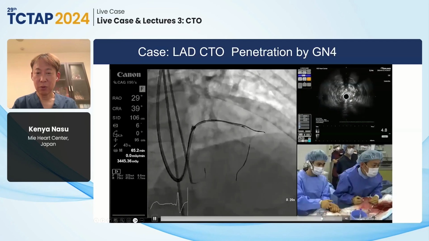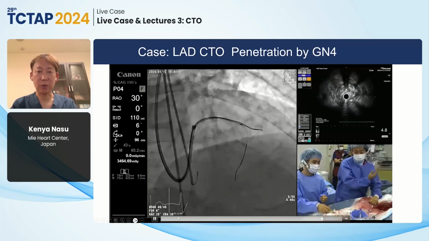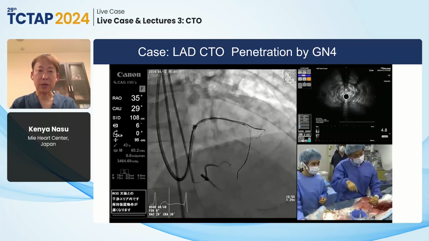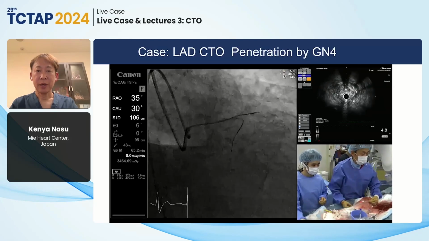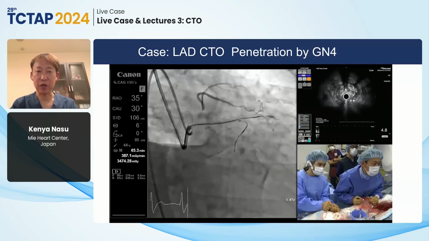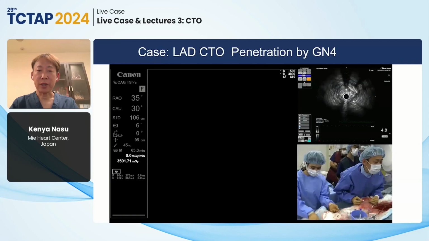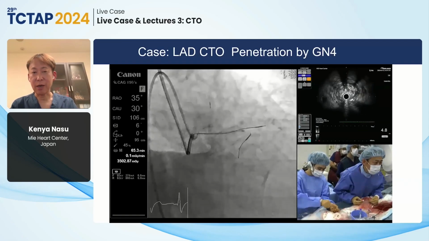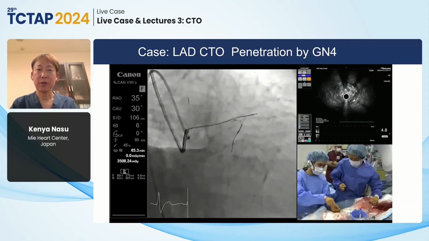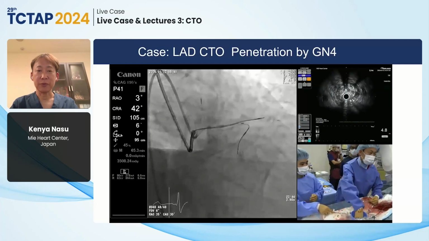You can see the wire tip is almost at the distal landing zone. And we can check the other perpendicular view. The tip of the wire is also within the distal landing zone. So I can change the direction and make it a straight line in this view.